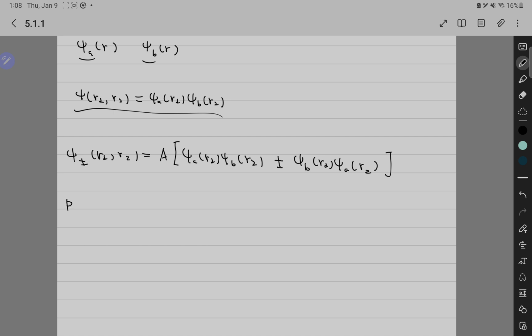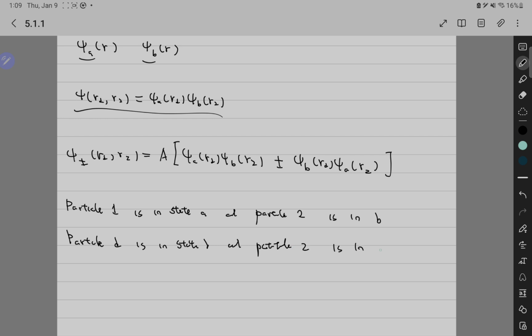The first possibility is that particle 1 is in state A and particle 2 is in state B. The second possibility is that particle 1 is in state B and particle 2 is in state A. Right, so these are the two possibilities that we have here.